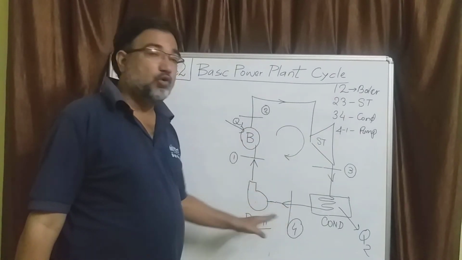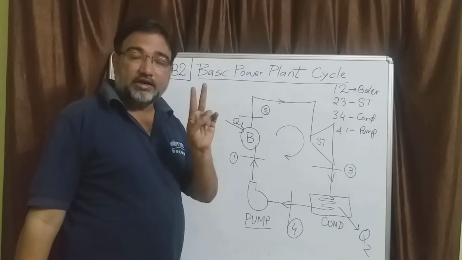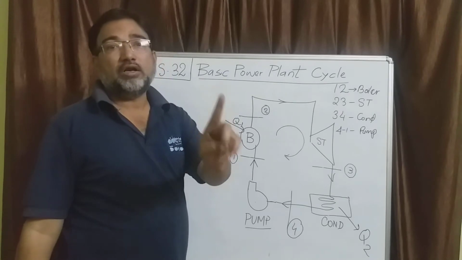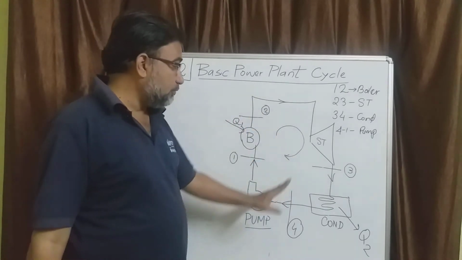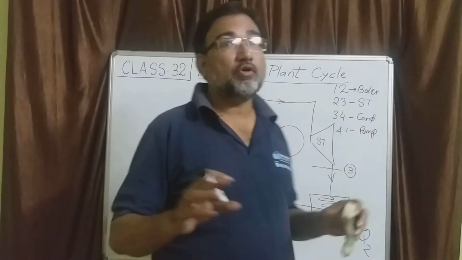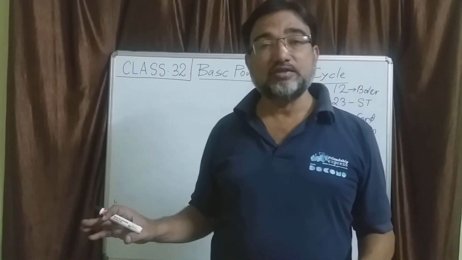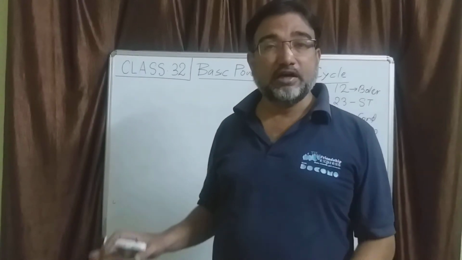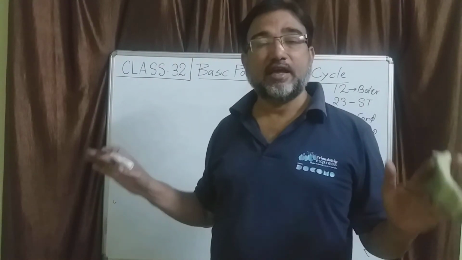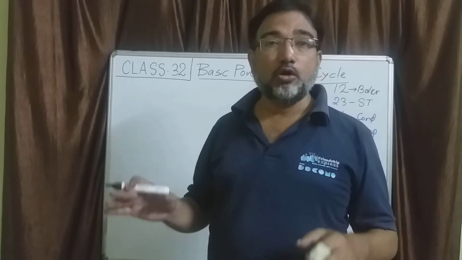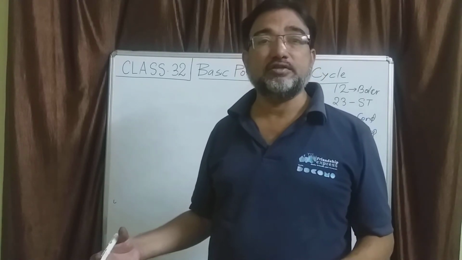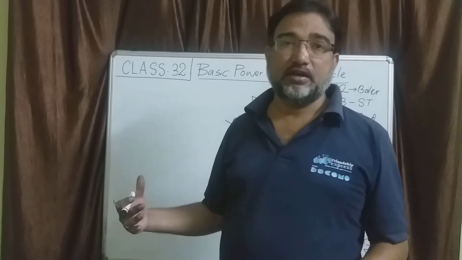So there are the same 4 processes: one heat addition, one heat rejection, one adiabatic expansion, one adiabatic compression. And we will be plotting this and representing the processes in solid lines. That means we are assuming at the very first place that the cycle is reversible, the processes are reversible, because otherwise we cannot do any mathematical analysis on the cycle, right?